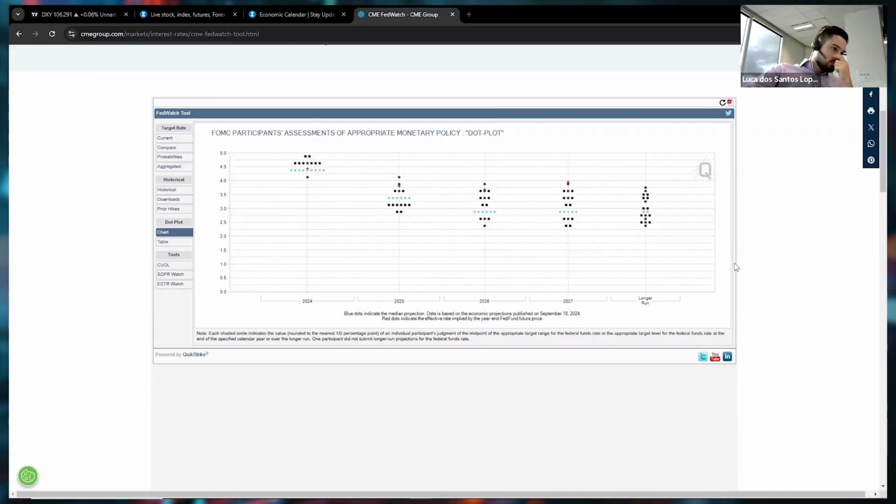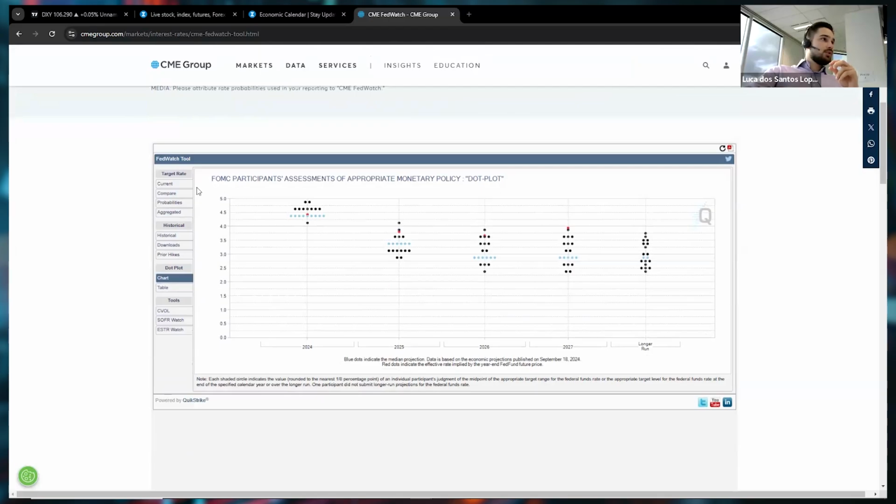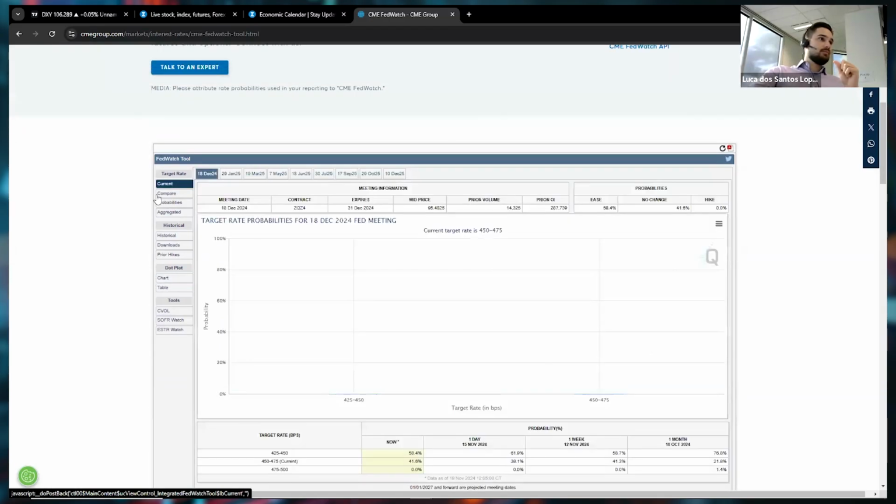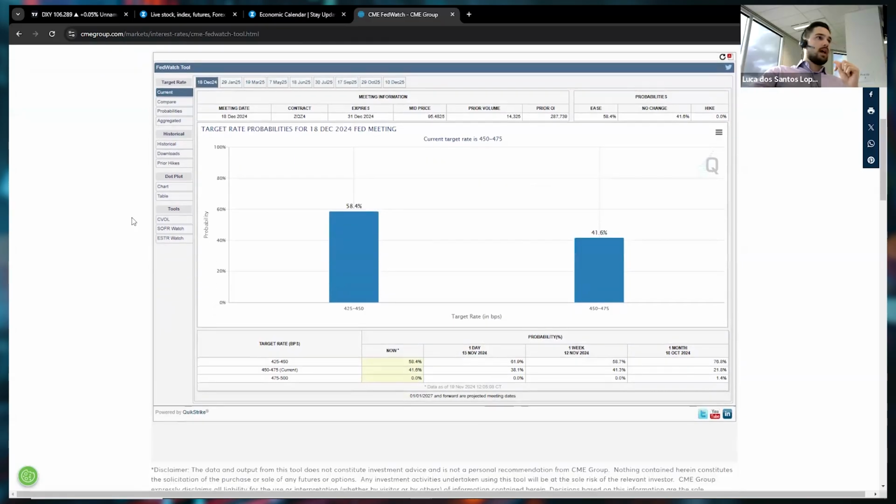So if we look at it, that has been changing a little bit. If we come back to target range and then we come to current, that's where we have the next meeting, on the 18th of December 2024. We have 58.4% probability of the whole market participants expecting a 25 basis point cut.